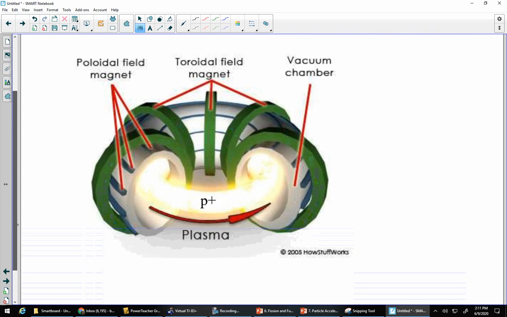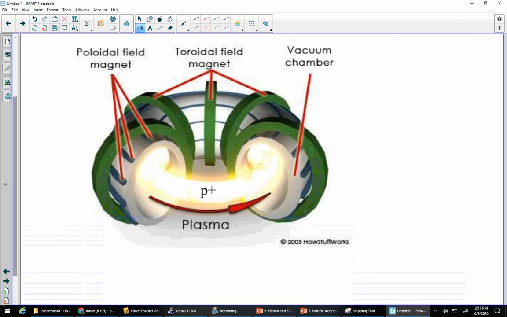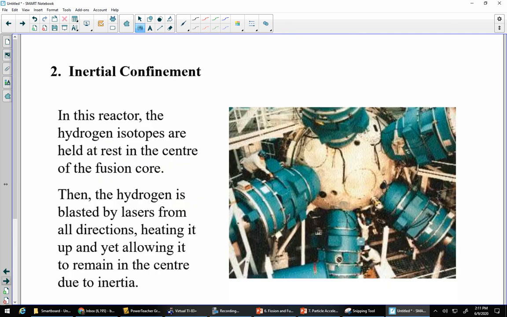Magnetic confinement is essentially under really, really high pressure due to magnetic fields. The hydrogens are squished so close together, and then they're put into circular motion, and that's where the nuclear reaction happens. So we use magnets to squish the hydrogen together in circular motion, and it creates helium.